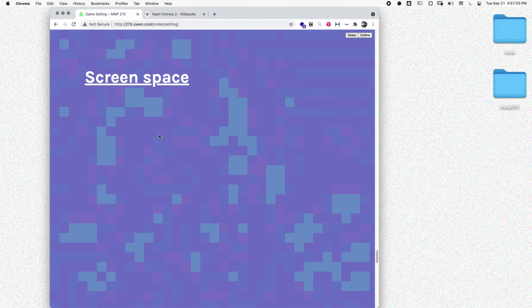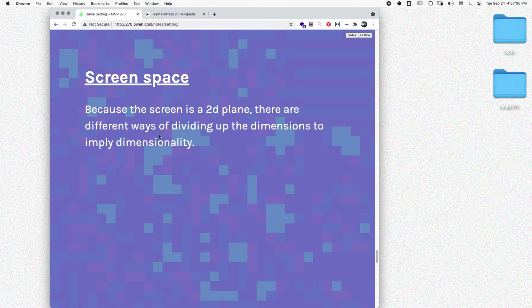Screen space is another consideration with setting. We're going to be working on 2D games in this class. So we need to think about how we divide up the scene with the screen space that we have. We have this two-dimensional plane, so we can't really work in 3D, but we still have to communicate where the top of the world is and the bottom of the world and the sides.